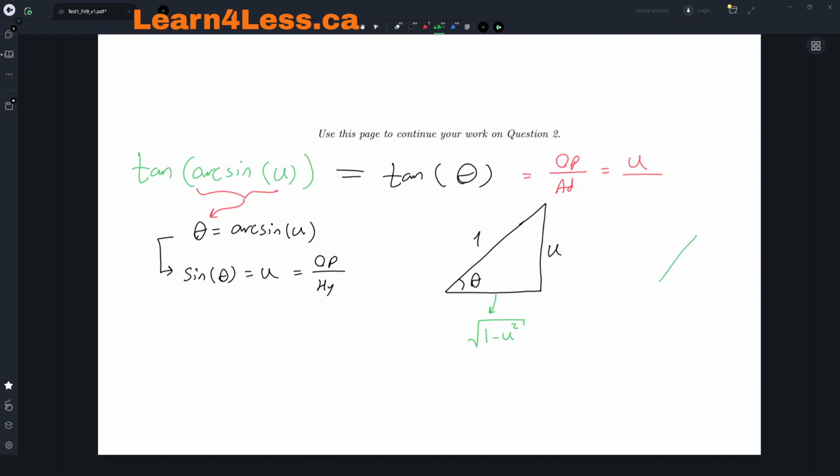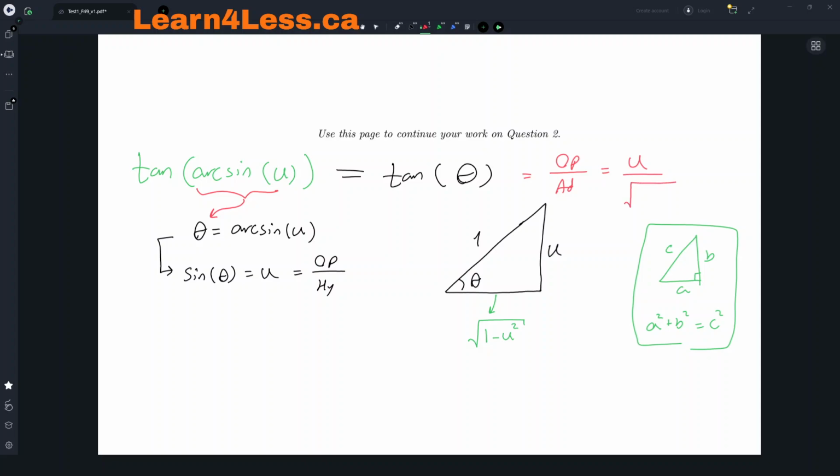If you don't remember Pythagoras, for a right angle triangle with sides a, b, c, a squared plus b squared equals c squared. So we are using Pythagoras here. The adjacent is the square root of 1 minus u squared.